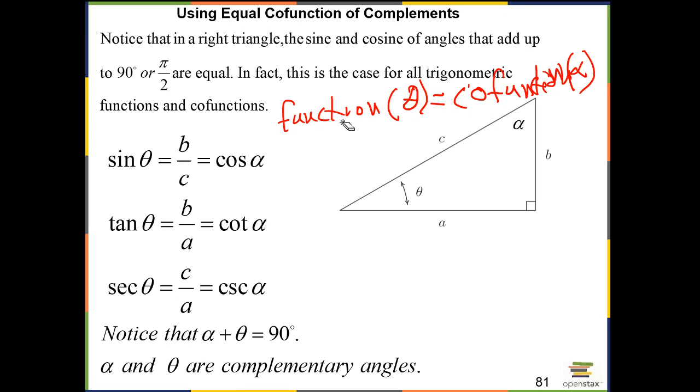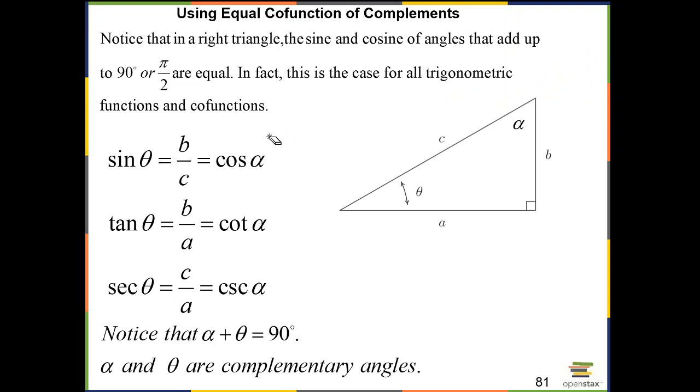Now, what do I mean by function, cofunction? Sine, cosine, tangent, cotangent, secant, cosecant. And these are called cofunction identities. If 2 angles add up to 90, then sine of one is the cosine of the other, and the other way around.